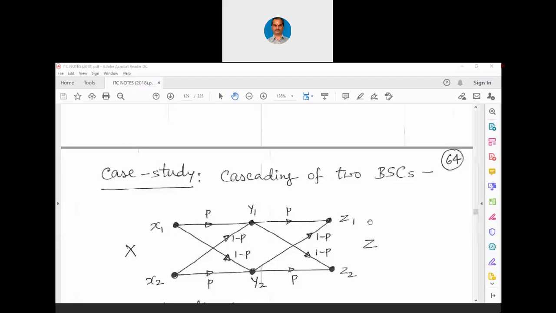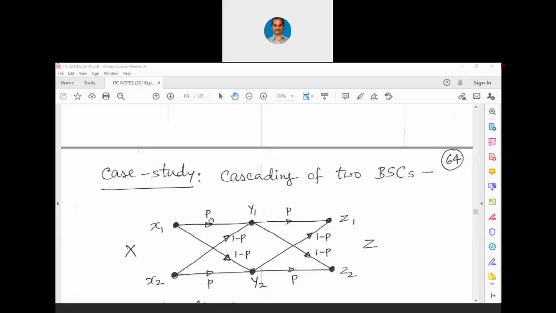Now again, from y1 till z1, let us say we have p, and again from y2 till z2, we have p. Obviously z1|y2 is 1 minus p, z2|y1 is 1 minus p. This way, right now we have two cascaded binary symmetric channels. Remember, we are dealing with the symmetric channels. Asymmetric channels are much more complicated.